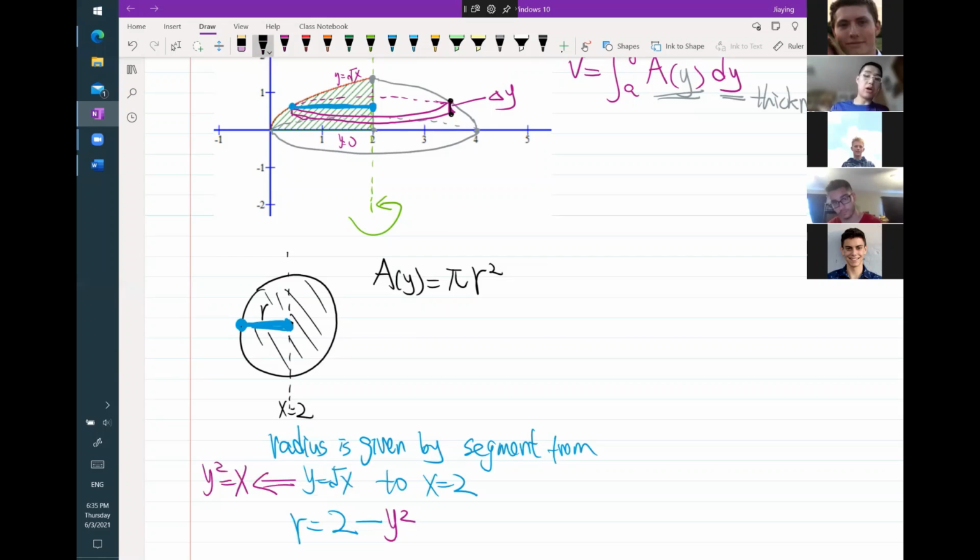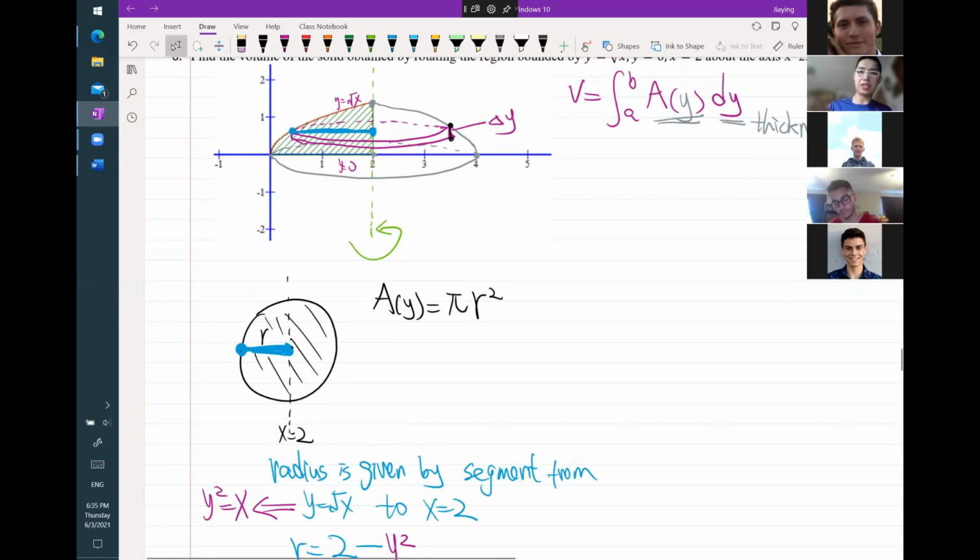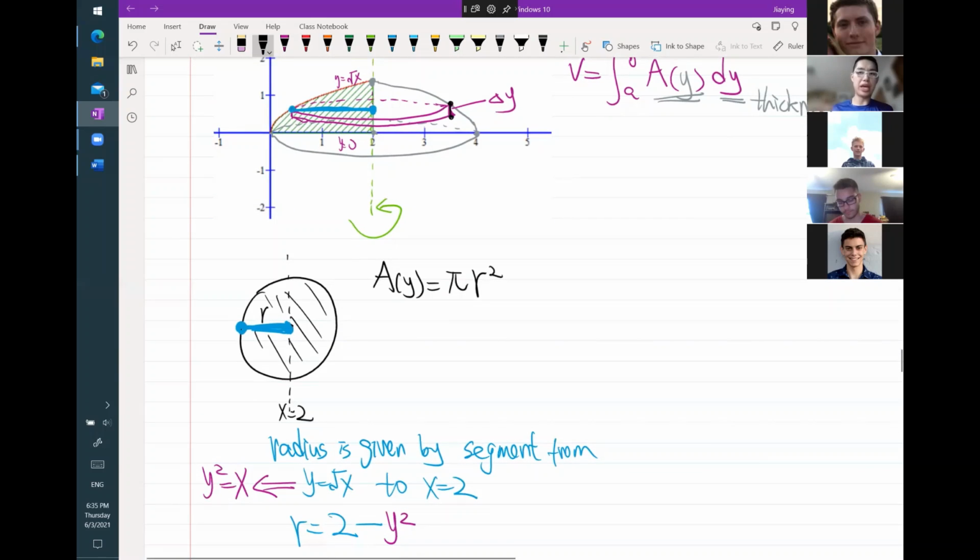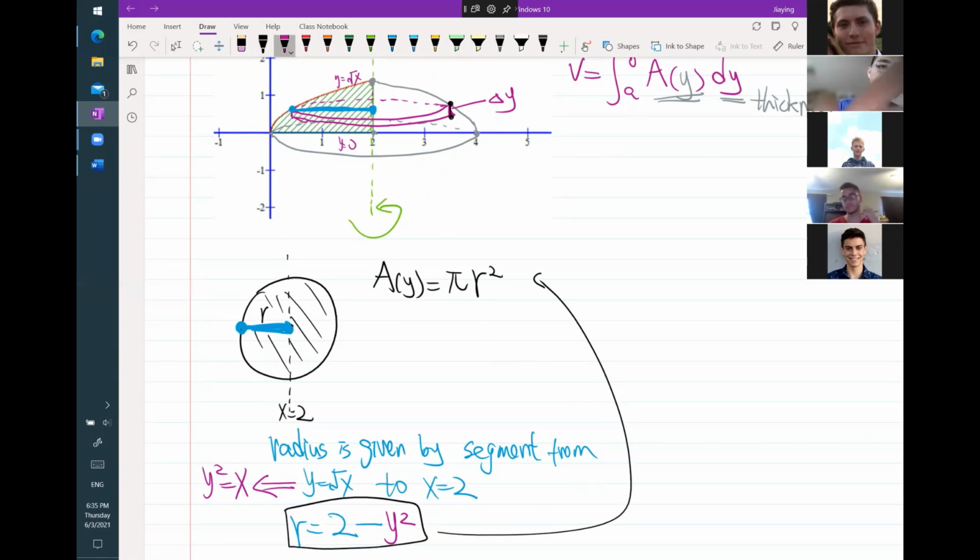And you can always go back to the setup. We want the area to be a function of y, so everything we have for the area and the radius has to be functions of y, not functions of x. So this is my radius, and I'm going to put it into the area function. The area in terms of y is pi times the radius squared. The radius is 2 minus y squared.